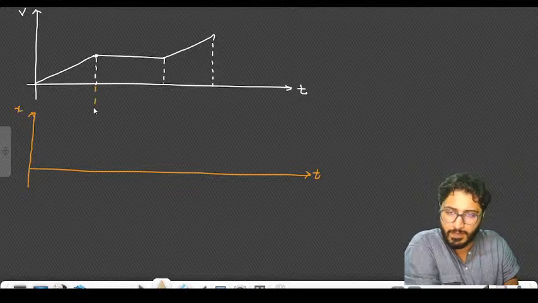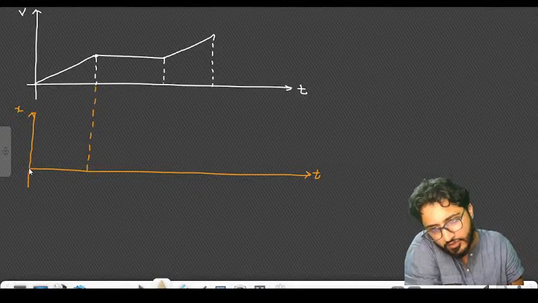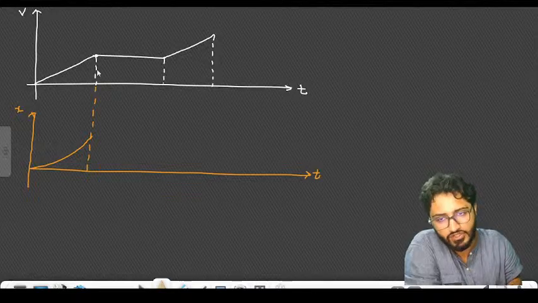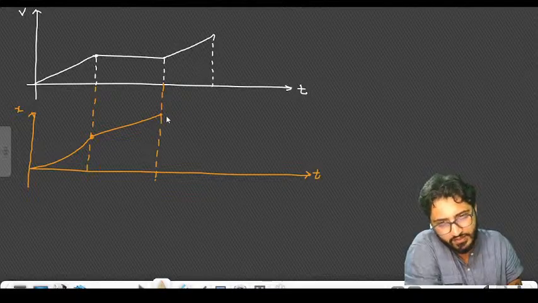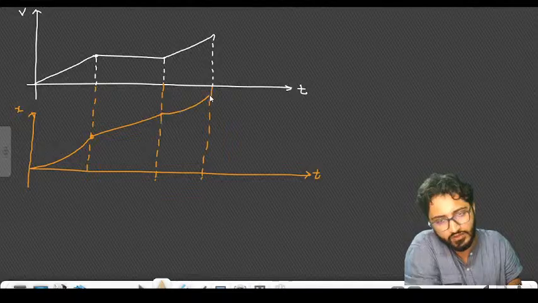Velocity is increasing, so my x will go in a curve like this. Velocity is constant, so it will go like this. Velocity is still increasing, so it will curve like this.